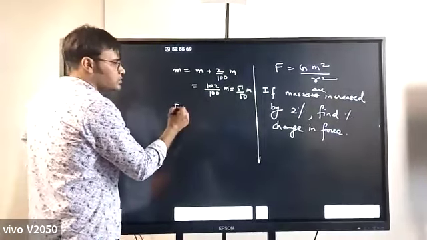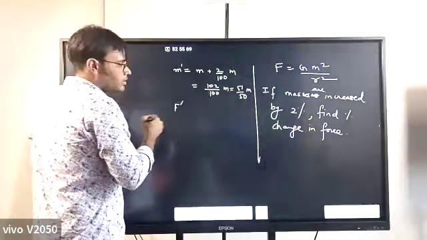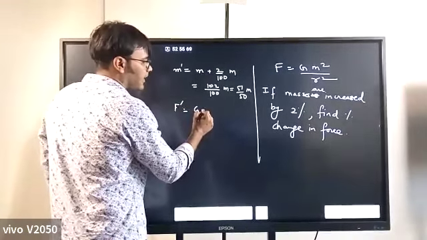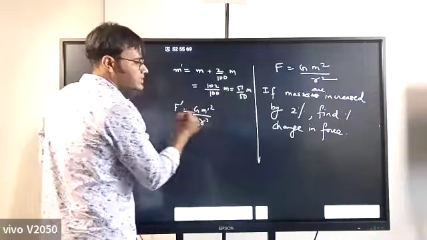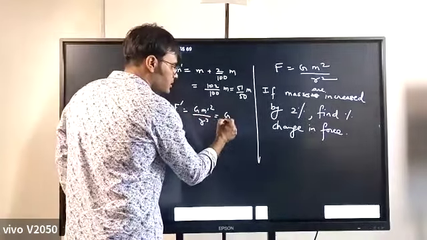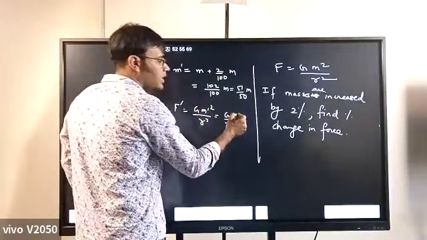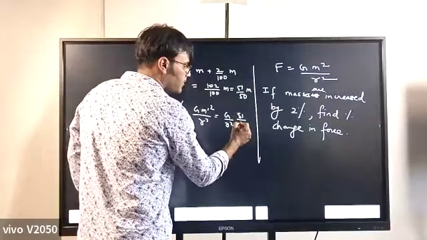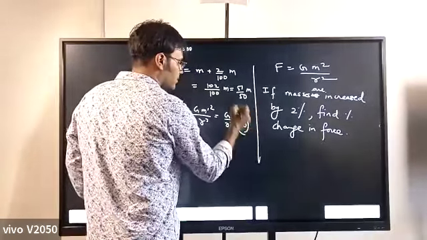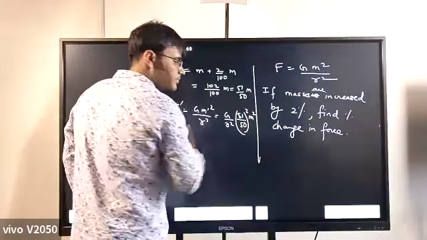So now the new force will be G m dash square by r square. Distance is not changing. So G by r square, m dash square will be 51 by 50 whole square into m square.